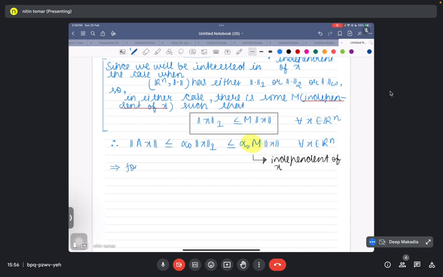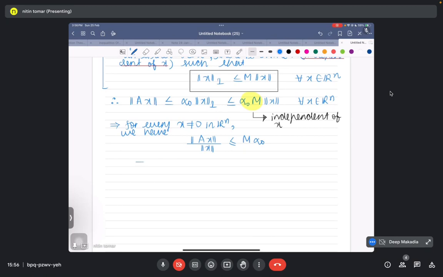So therefore, for every x which is non-zero in Rn, we have norm Ax by norm x is less than or equal to n times alpha naught. Am I correct? So this supremum will also be less than or equal to this.